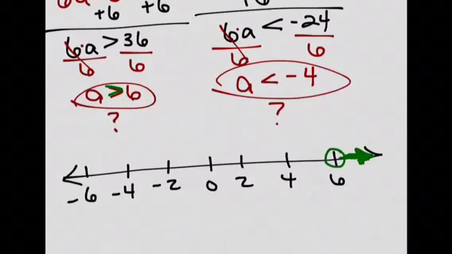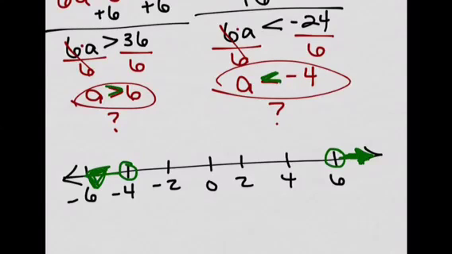Let's look at the other inequality that we have. a has to be less than negative 4. Okay, it can't equal negative 4 because negative 4 plugged in won't actually work in our problem, but it can approach negative 4. It could be like negative 4.1. Okay, that's less than negative 4. And again, our variable's on the left-hand side, so our arrow tells us which direction to go.